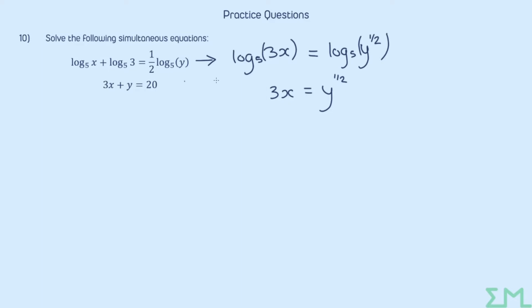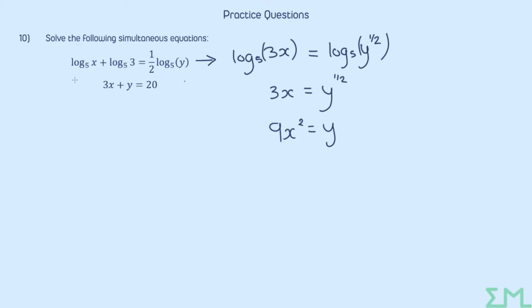So we could either substitute in for the 3x in the other equation, which seems like a reasonable thing to do. We could make life a little bit easier for ourselves and square both sides here. So we get 9x squared equals y. I think that would be a bit nicer to deal with than dealing with the powers of a half.